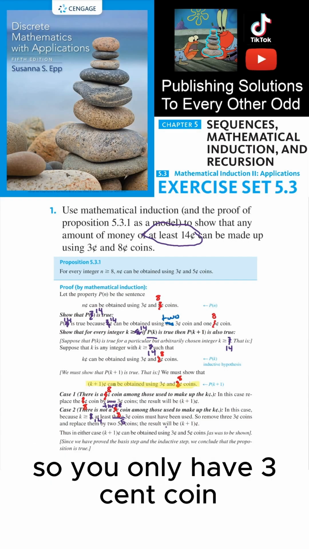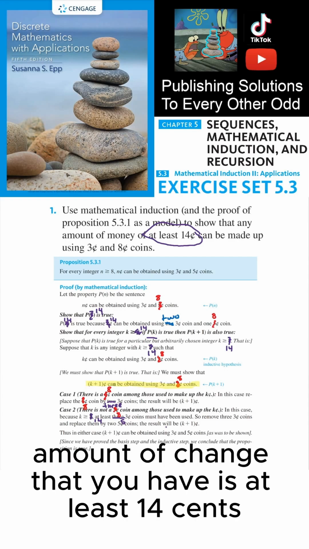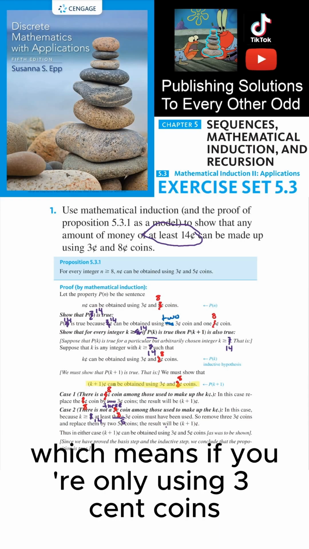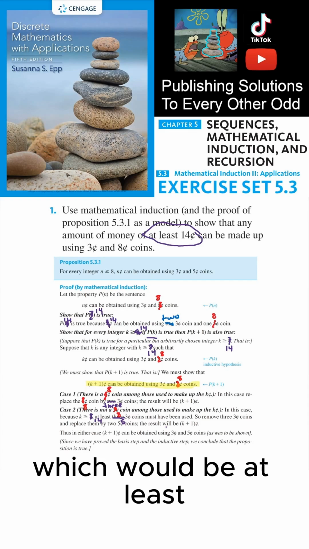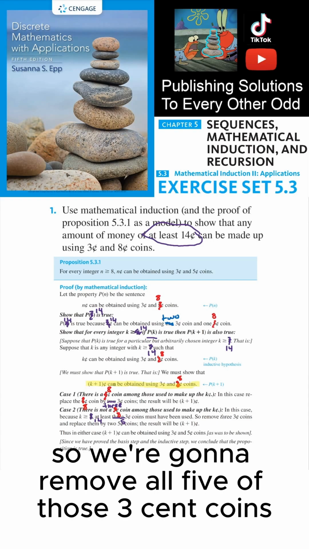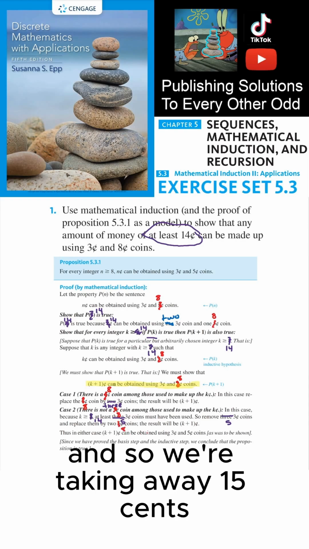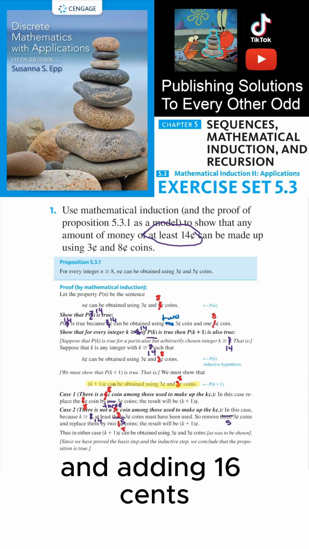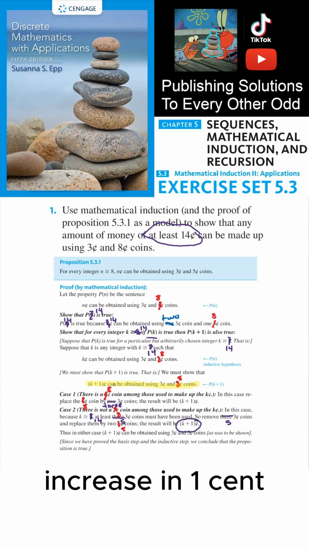And the total amount of change that you have is at least 14 cents, which means if you're only using 3-cent coins, you have at least 15 cents, which would be at least 5 3-cent coins. So we're going to remove 5 of those 3-cent coins and replace them with 2 8-cent coins. And so we're taking away 15 cents and adding 16 cents, which results in a net increase of 1 cent.